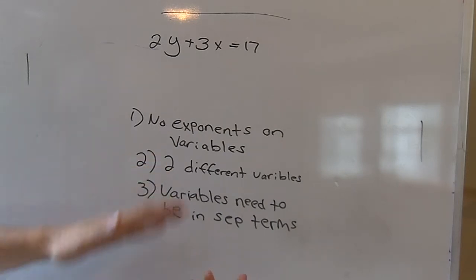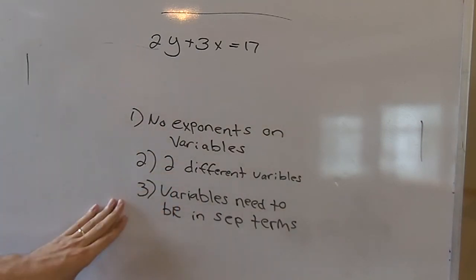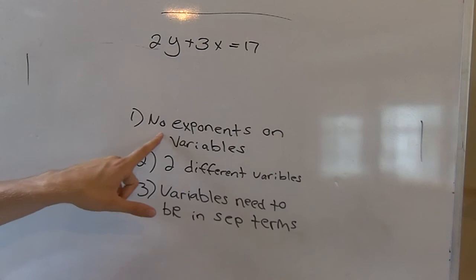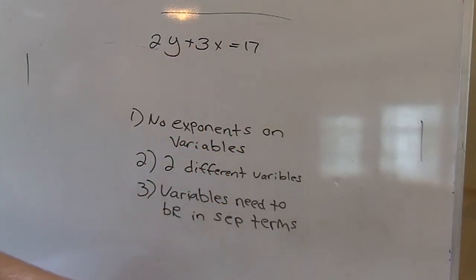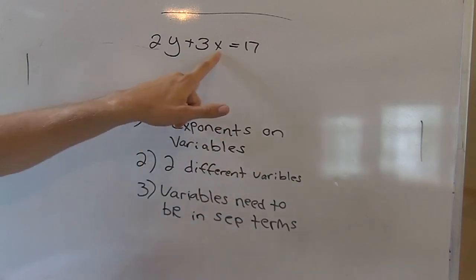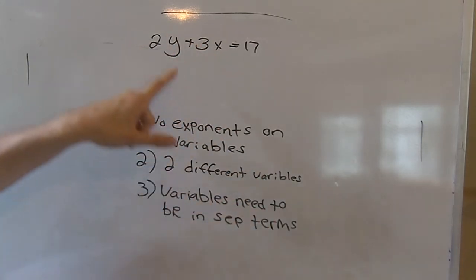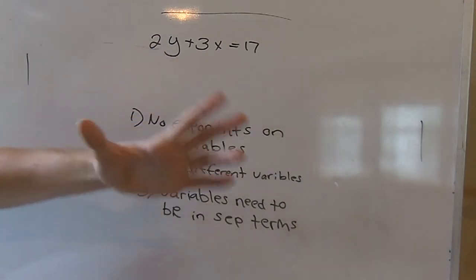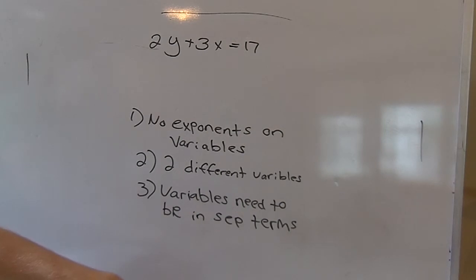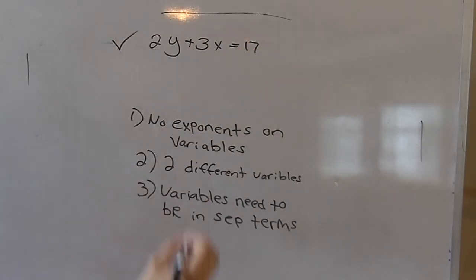However, the fact that it's not in standard form does not prevent me from looking to see if these rules apply. No exponents on the variables. Y has no exponent, x has no exponent. 2 different variables, I have x, I have y. Variables need to be in separate terms. I have 2y, that's one term, and I have 3x, that's one term. The x and y are not in the same term. This is a linear function.